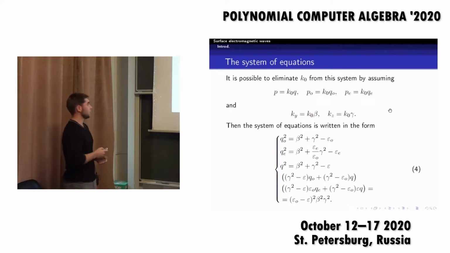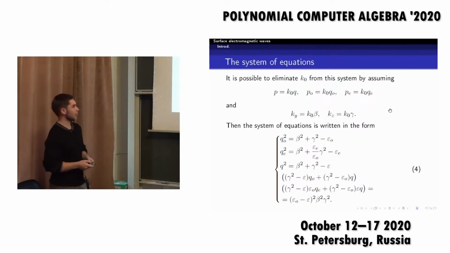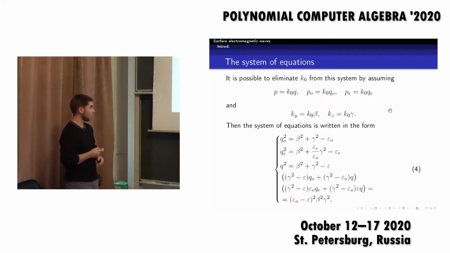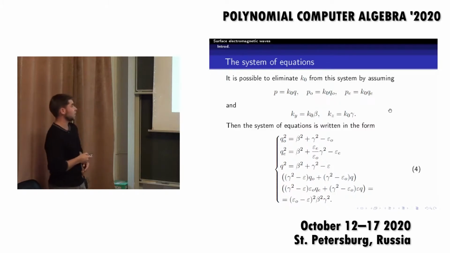It is possible to eliminate k0 from this system by assuming the following three equations and two equations.